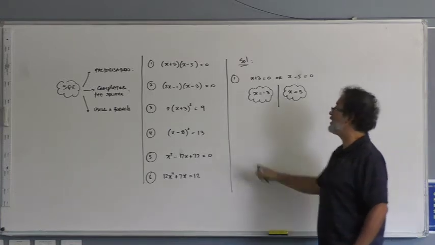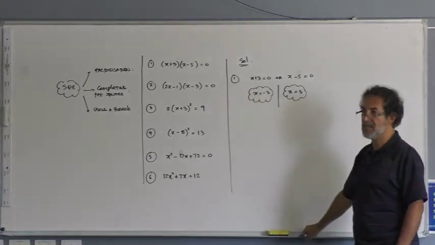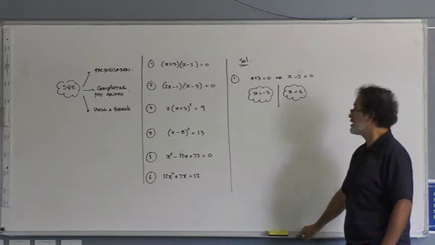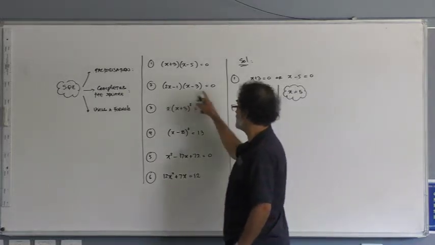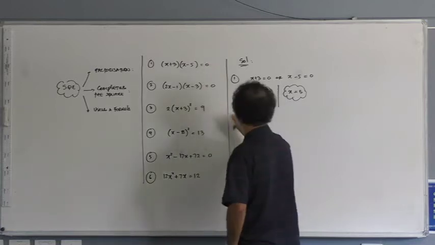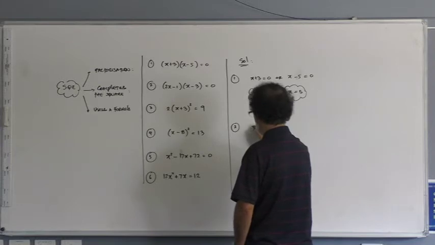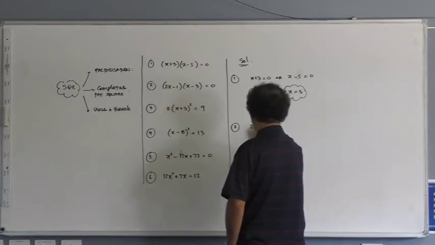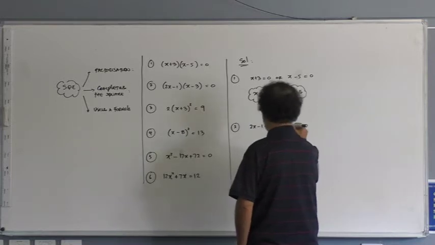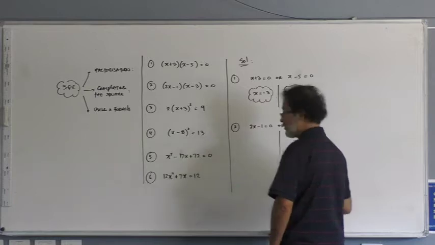Okay, so if the equation is given like this, then it's your lucky day. Same for this one. Okay, so this is equally easy because it's the same form as question 2. So we're going to have 2x minus 1 equals 0, or x minus 3 equals 0, and then we solve it.